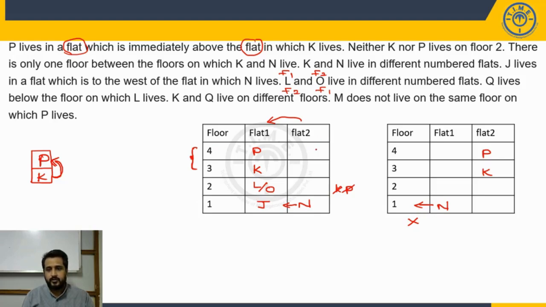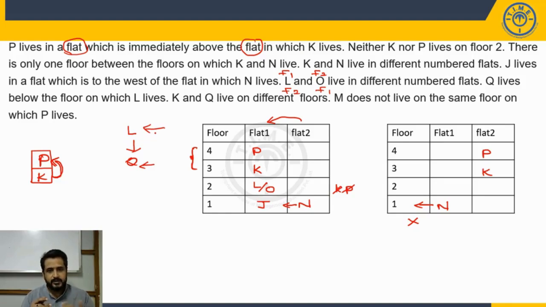It could be the 4th floor, 3rd floor, or 2nd floor. Let's see what is next. Q lives below the floor on which L lives. So the floor number on which Q lives is below the floor number on which L lives. It is not mentioned immediately below or 2 floors below or 3 floors below.